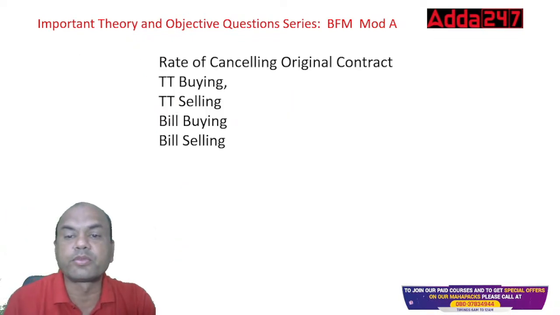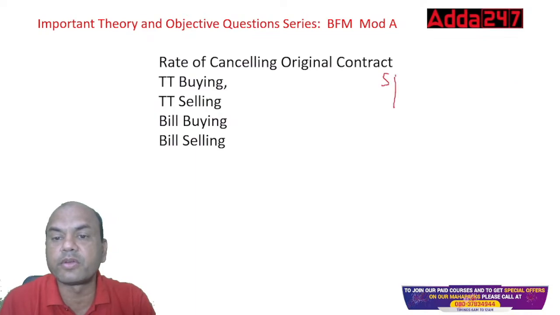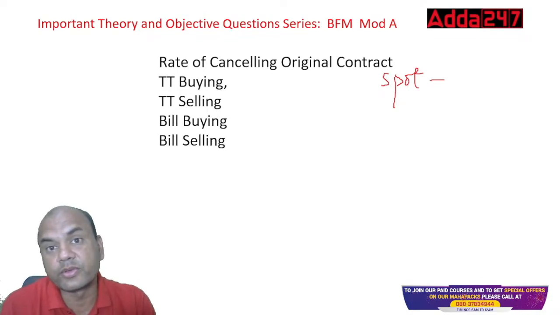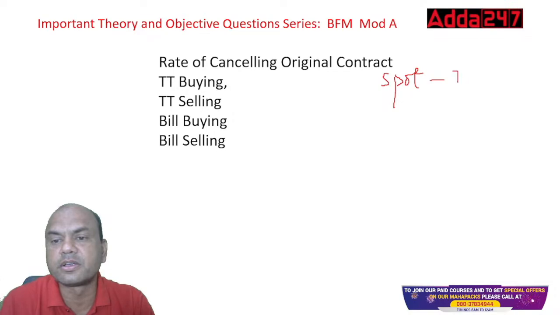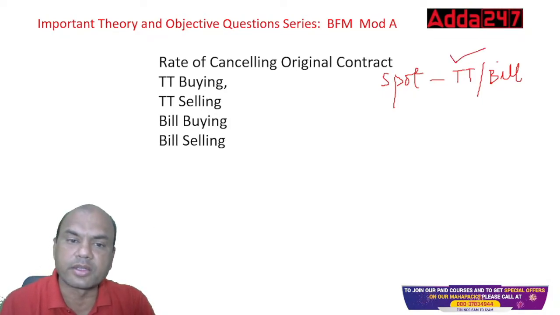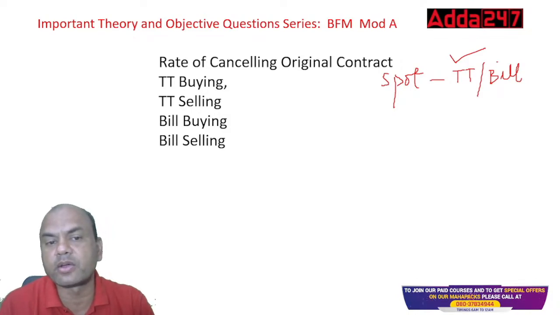Whenever we are doing a spot transaction, which rate is to be used, TT rate or bill rate? TT rate, correct? So now these two are out. Only TT is in: TT buying or TT selling.